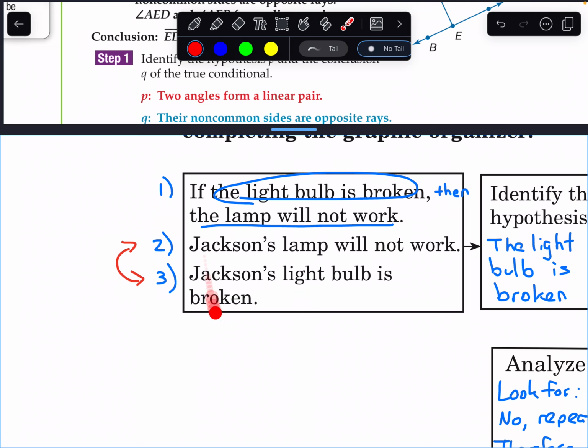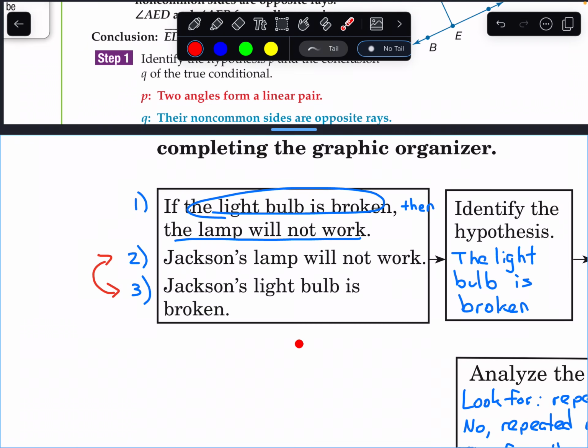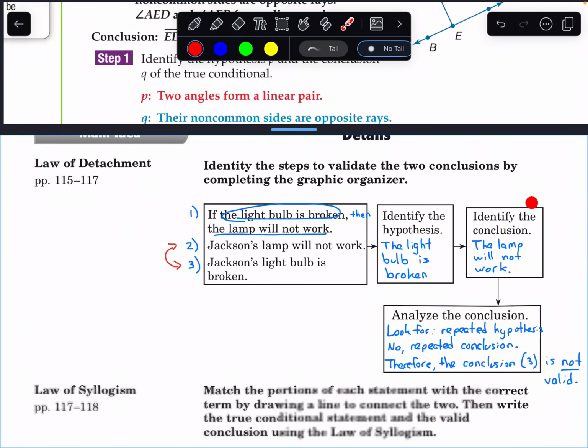But that's not the order that was presented. That's not the argument that they gave. They want to imply that I know the light bulb is broken because the lamp doesn't work. That's not guaranteed. Maybe the lamp doesn't work because the cord is broken. You don't know that it's the light bulb at fault here based on only these two pieces of information.